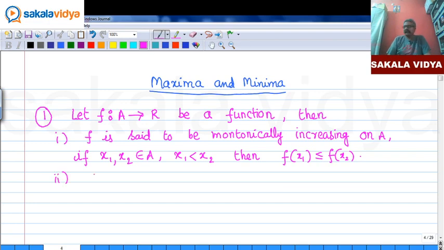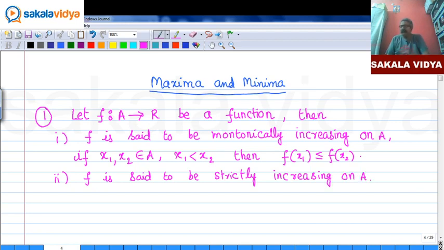Second point, f is said to be strictly increasing on A if x1, x2 belongs to A, x1 less than x2, then f of x1 less than f of x2.